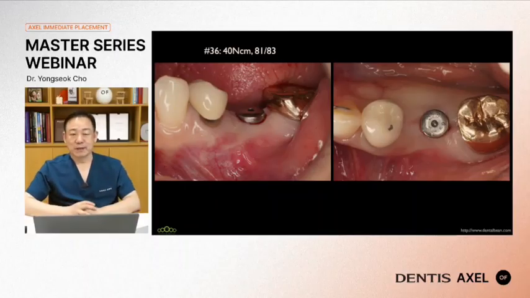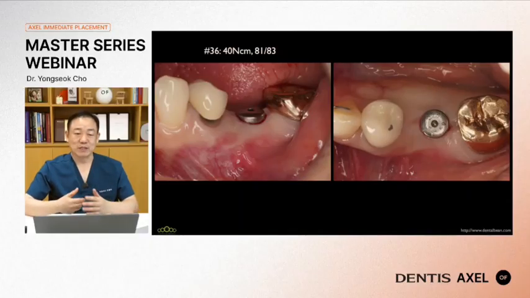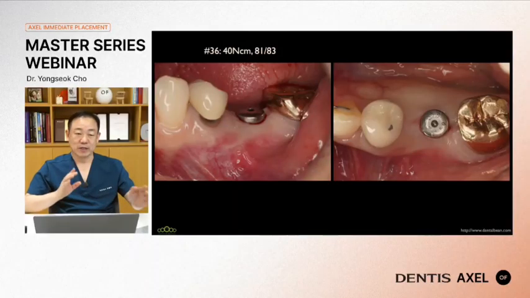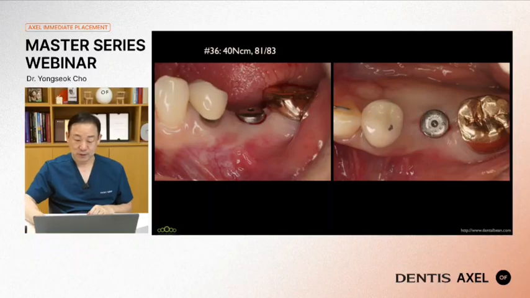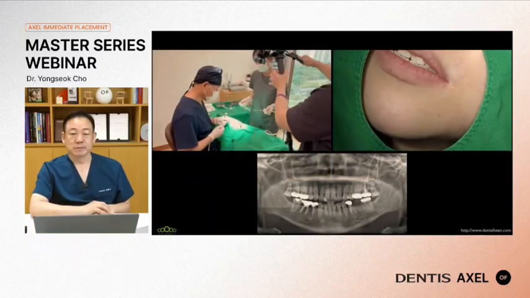When we place an implant, we do implant surgery. For effective implant surgery, the surgical setting is also important. Okay, the position of the operator and the arrangement of the instrument and handpiece is also important. Let me show my setting in this case.